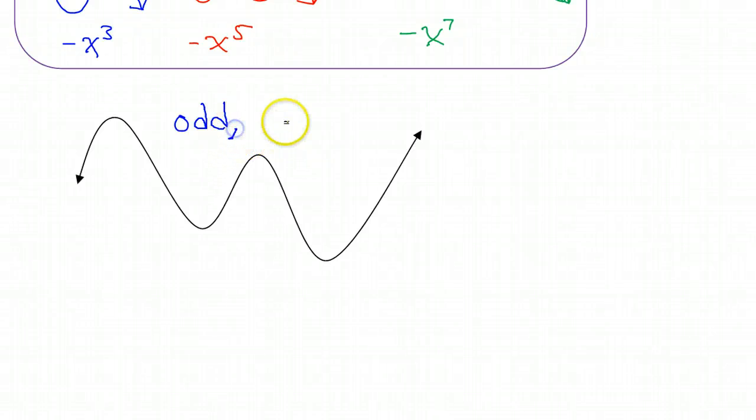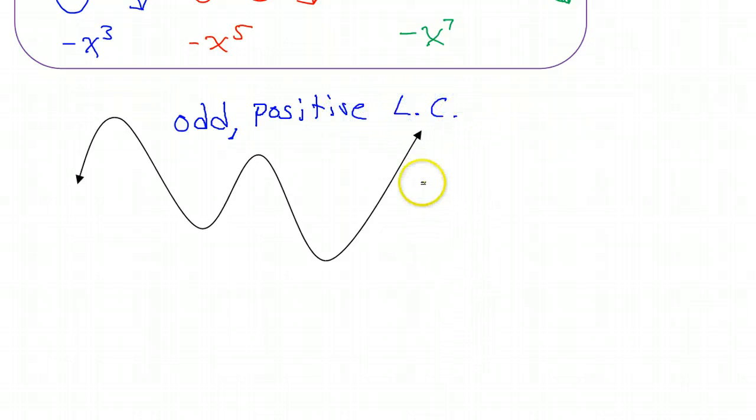Now, is this a positive leading coefficient or a negative leading coefficient? At a glance, I can tell you that this is a positive leading coefficient, because think about the capital letter N. A capital letter N, right side up, has the same end behavior as this function.